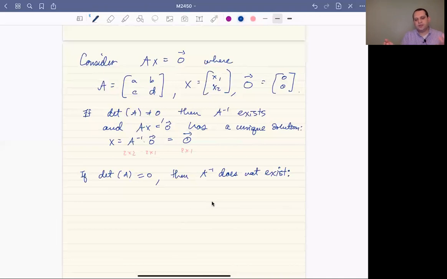And if the only possibilities are that you have 0 solutions or infinitely many, and you already know that you have at least one solution, the only thing that you can conclude is that AX equals 0 has infinitely many solutions. It can't be that you have no solutions, because you already know that there's at least one, namely the zero vector. So it must be that AX equals 0 has infinitely many solutions.